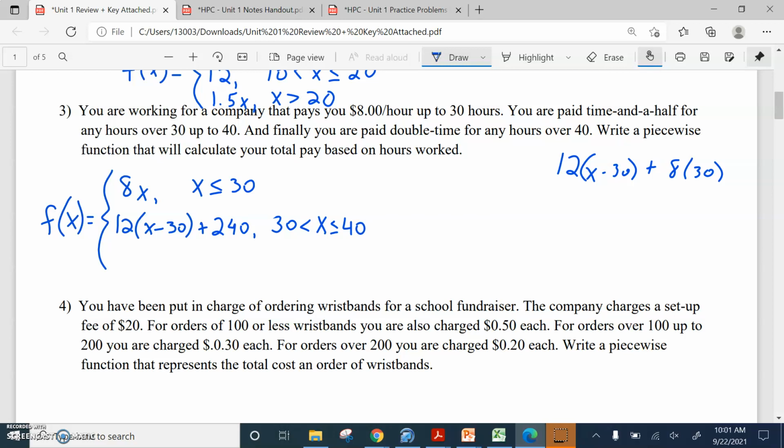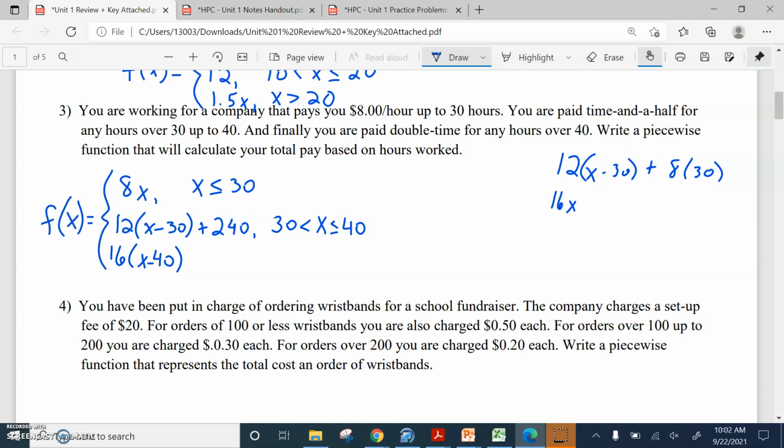The last increment is double time over 40. Double time is $16. That $16, again, is not just 16x, right? It's not just $16 an hour for every hour. It's 16 times X minus 40, because if we worked 45 hours, we only get the $16 an hour for those 5 hours over that.